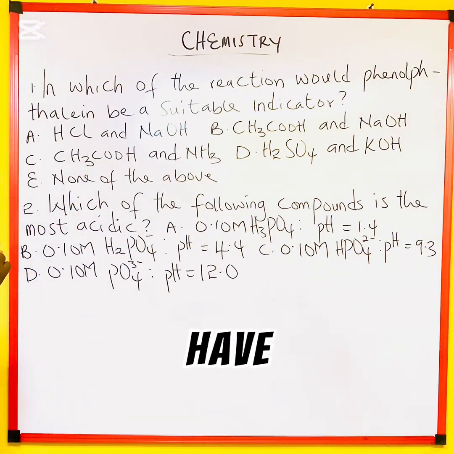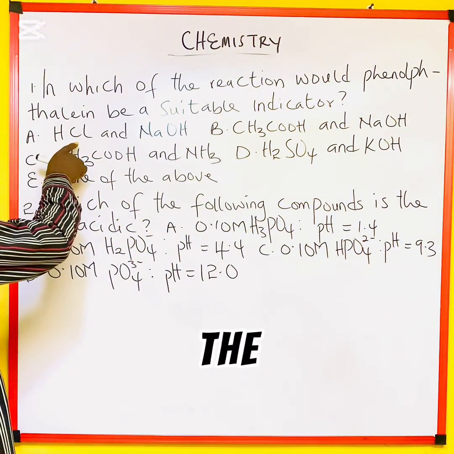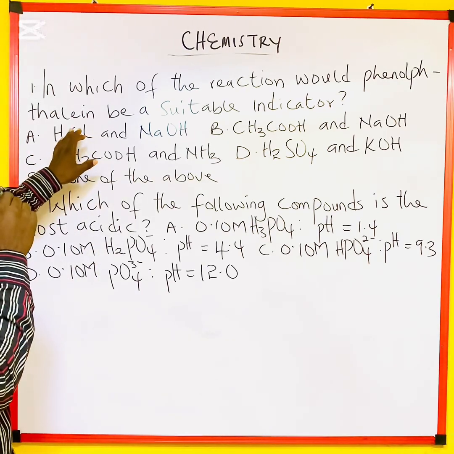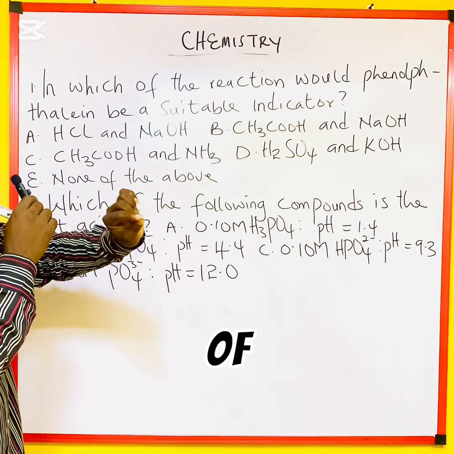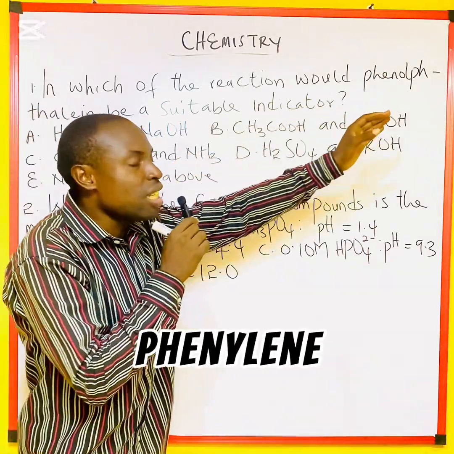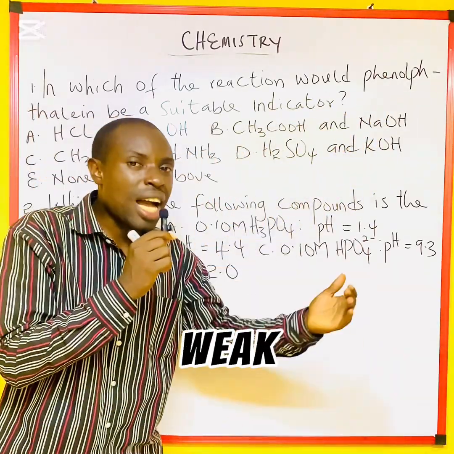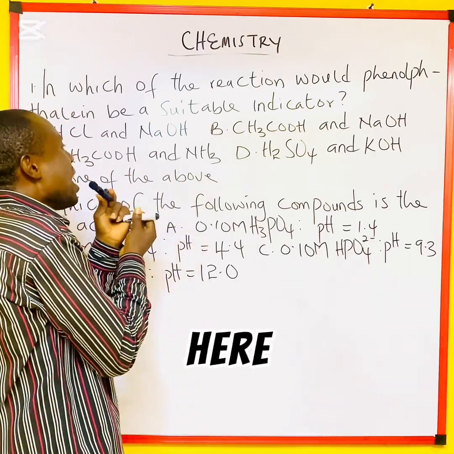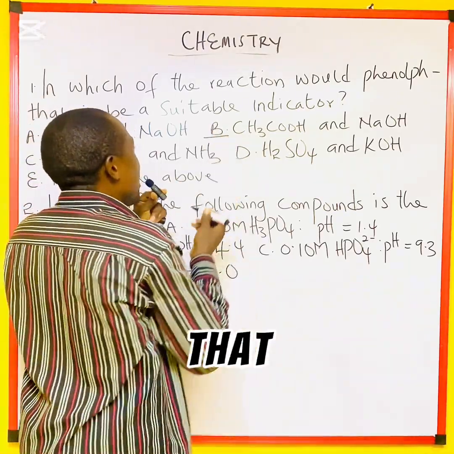Now, from the options we have here, the answer would be, remember, if it's phenolphthalein, it should involve a weak acid and a strong base. So the correct answer here is B. Why is that?